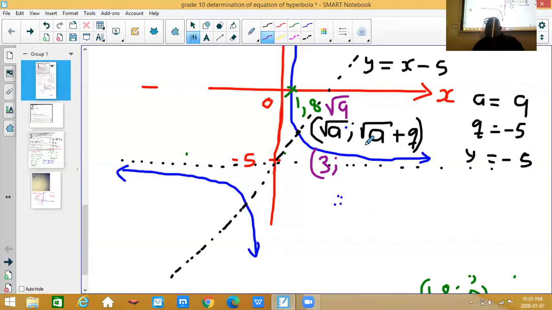In actual fact, what is the square root of 9? Right. Square root of 9 is going to be plus or minus 3, right?